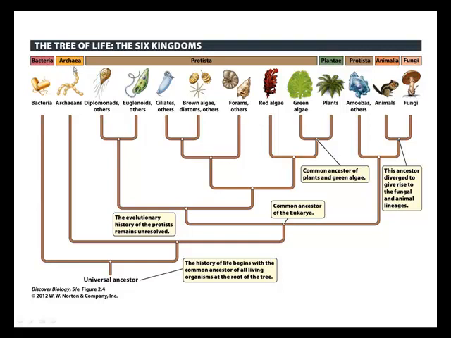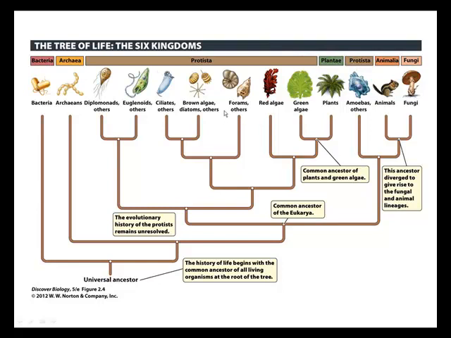And everything else is eukaryotic. So bacteria, archaea, no true nucleus, no membrane-bound organelles. Then you have Protista, Plantae, and then you've got amoeba protistas here, Animalia, and fungi. So 1, 2, 3, 4, 5, 6. It's just you have a divergence here in Protista, so you have it twice.